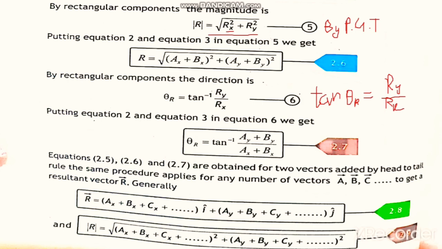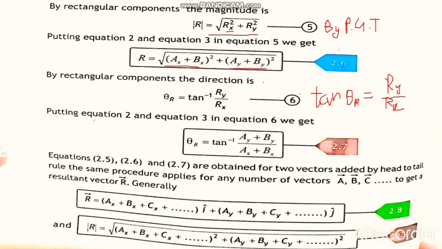Instead of Rx, we use Ax plus Bx, the whole squared, plus, instead of Ry, we write Ay plus By, as Ry is equal to Ay plus By. So R is equal to the square root of (Ax plus Bx) whole squared plus (Ay plus By) whole squared.